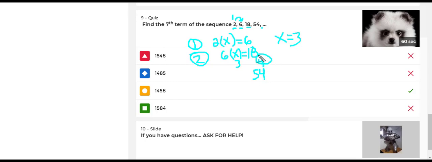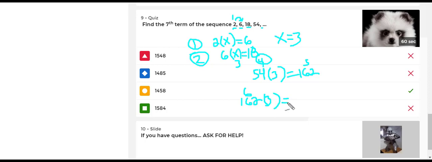So let's go over here and say 54 times our x value, where x is 3. We see that 54 times 3 gives us 162, and 162 would be our fifth term. Now our sixth term would be 162 times the common multiplier in the sequence, which is 3.